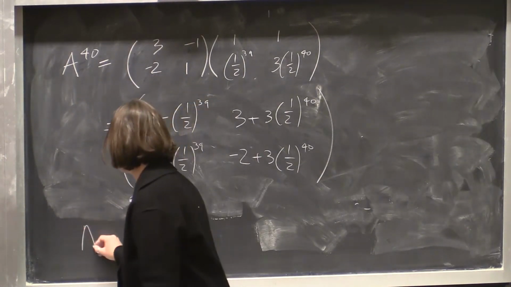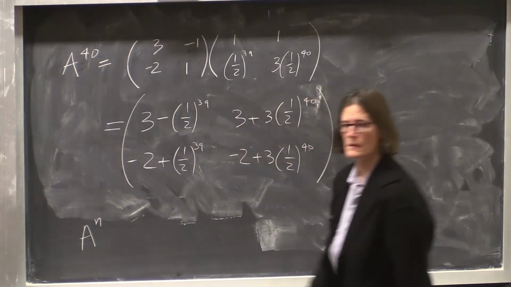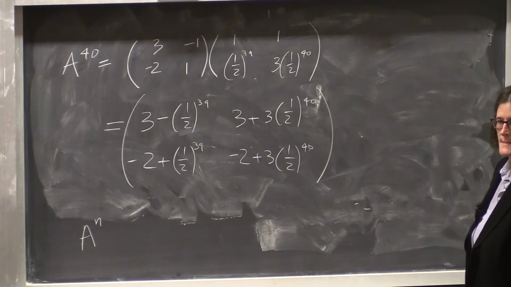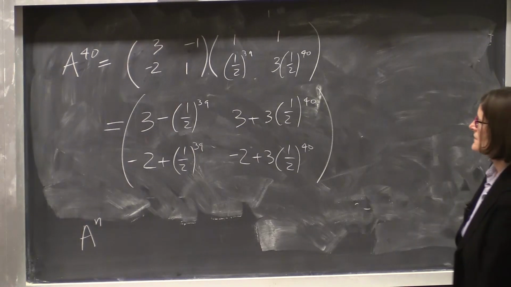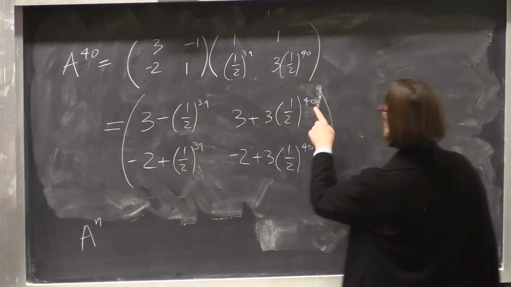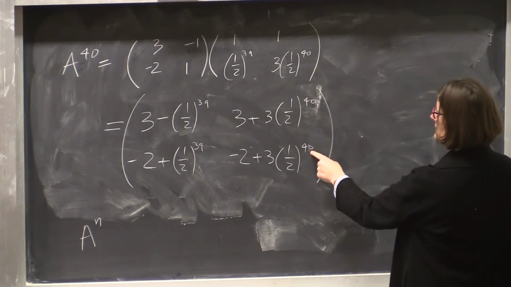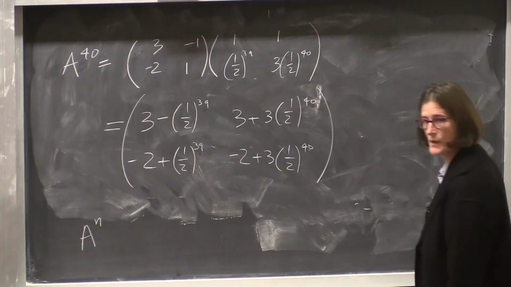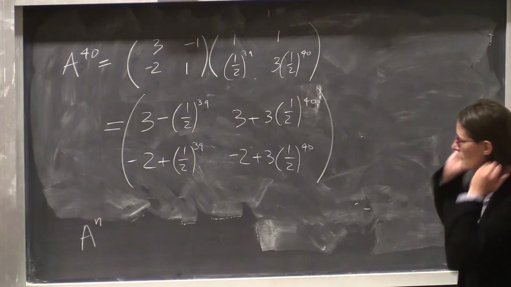And in general, what would A to the nth power be? So this would be n minus 1. So you can do this in general.